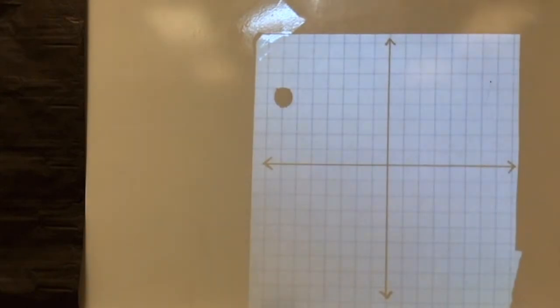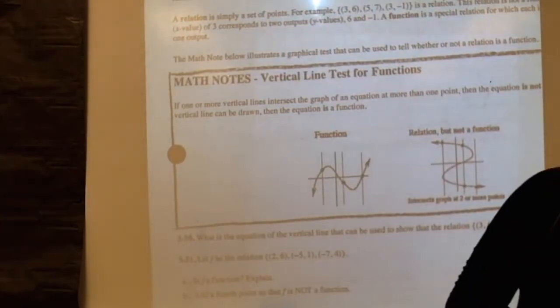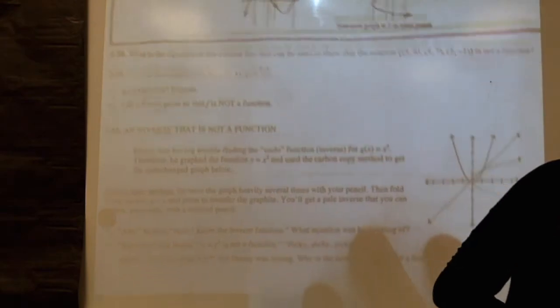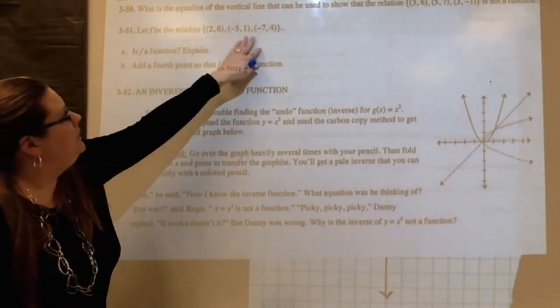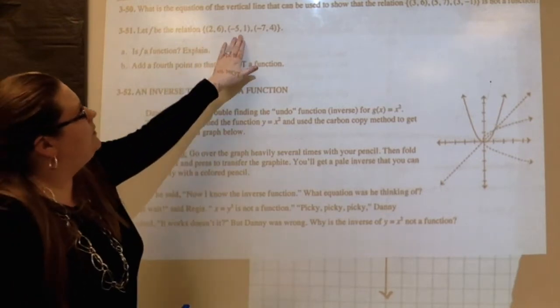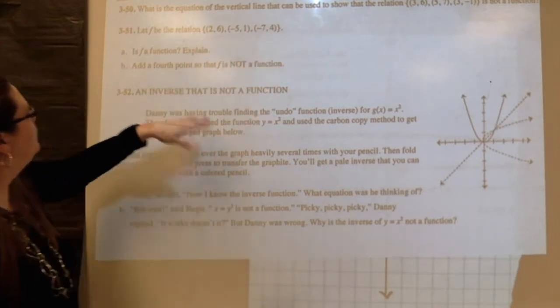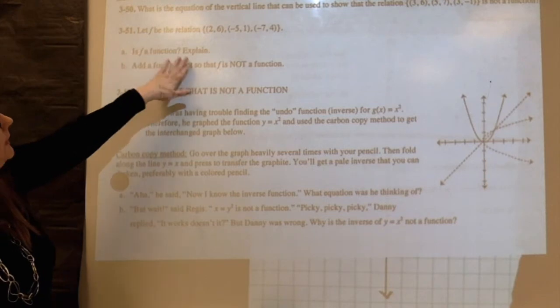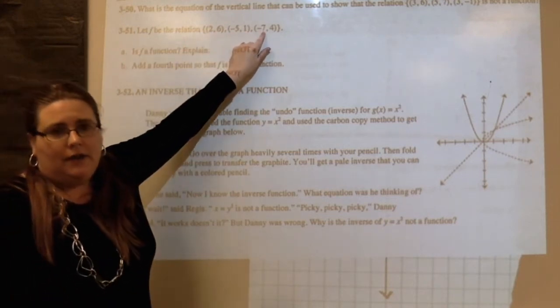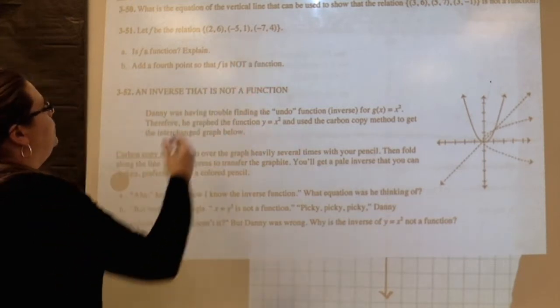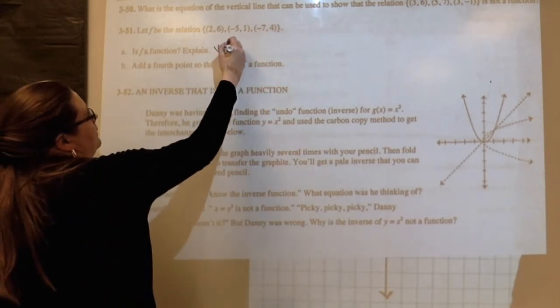Problem 3-51 talks about another relation, another set of points. It says let f be this relation: (2, 6), (-5, 1), and (-7, 4). Is it a function? And explain. Well, for each x value, is there only one y value? So we would say yes.